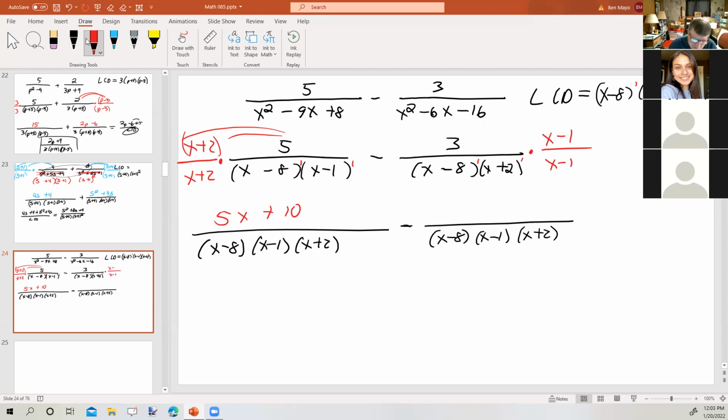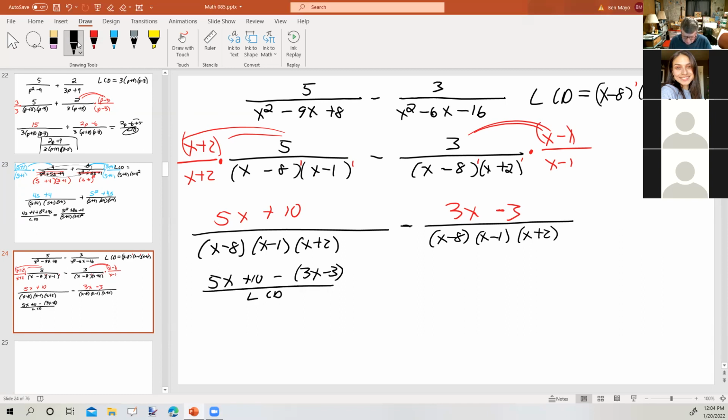All right, so the new numerator is x minus 1, and I'm going to get 3x minus 3. Now be careful. We're subtracting a quantity. So now I'm going to get 5x plus 10 minus the quantity 3x minus 3 all over the LCD, which is 5x plus 10 minus 3x, minus times minus is plus 3, all over the LCD.